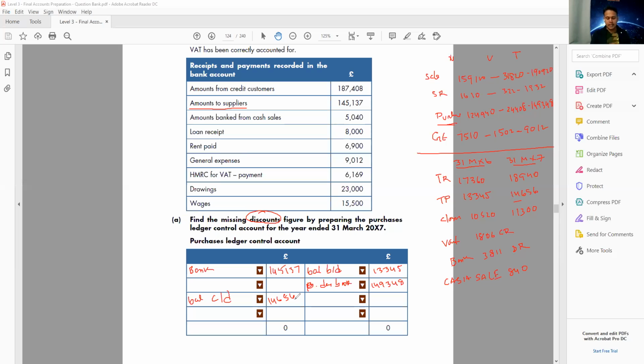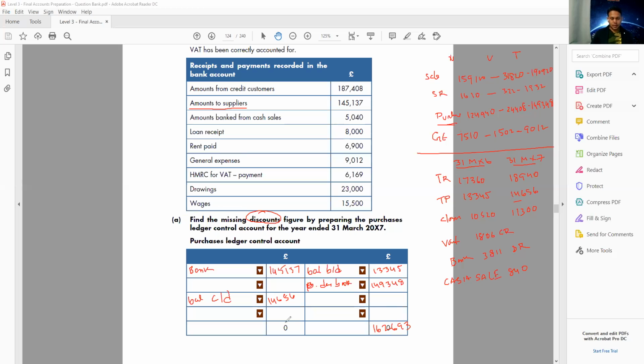So I'll add the higher side. We can see which side looks higher, 149 and 13. So this side looks higher, the credit side. So let's add the credit side. 13,345 plus 149,348. The total is 162,693.